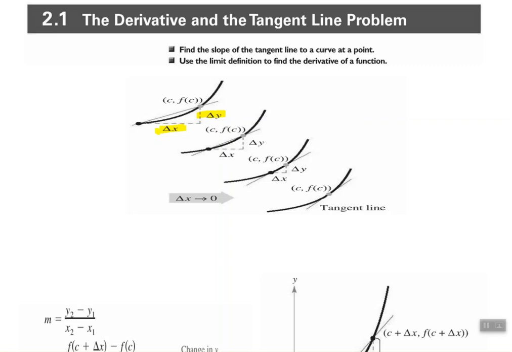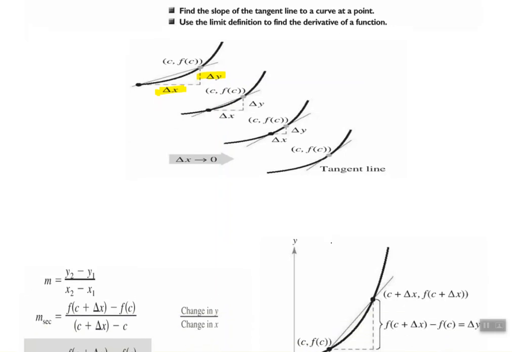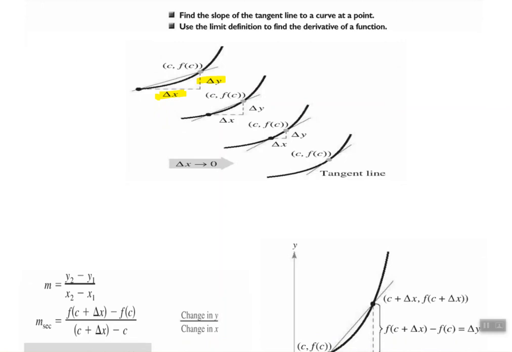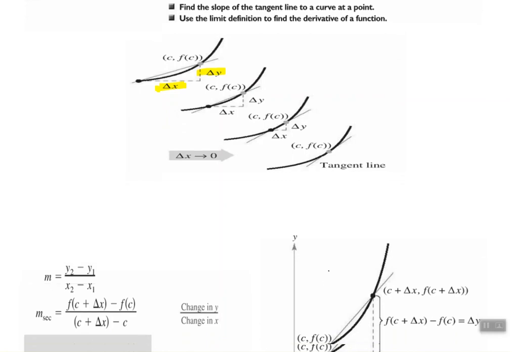So as the change in x approaches 0, we end up with a tangent line, in this case it's c, f of c. And that tangent line gives us the slope of the curve at this particular point, and that's what we call the derivative.